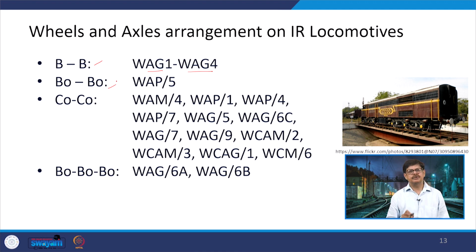There are a number of locomotives which have a configuration of CO dash CO, meaning 3 and 3 independently driving wheels: WAM4, WAP1, WAP4, WAP7, WAG5, WAG6C, WAG7, WAG9, WCAM2, WCAM3, WCAG1 and WCM6. A 3 combination system is also available on WAG6A and WAG6B. So, these are the locomotives which are already in operation in the Indian Railways.